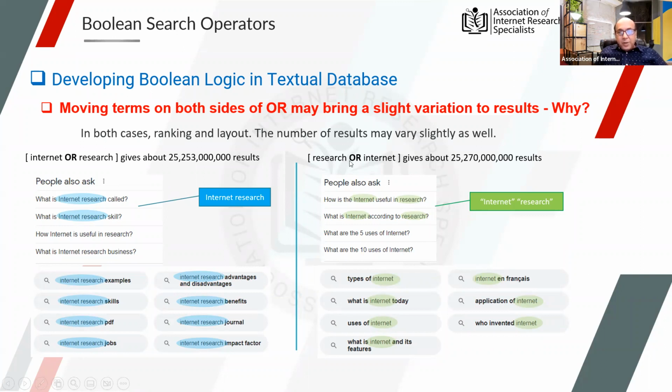You would find that it's going to start to dissociate with the word internet, and it's going to treat each individual word as separate. Therefore you could see that it has found results that use internet separate and research separate.